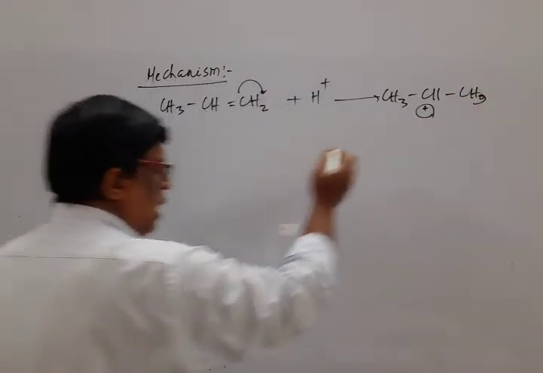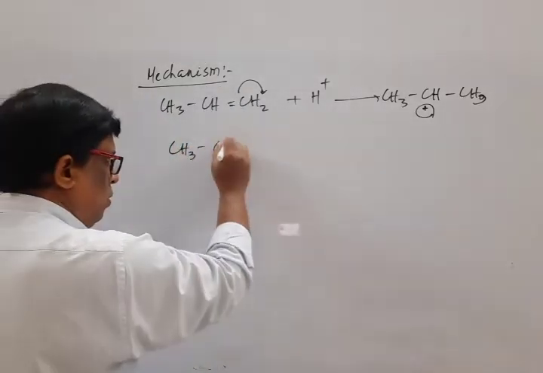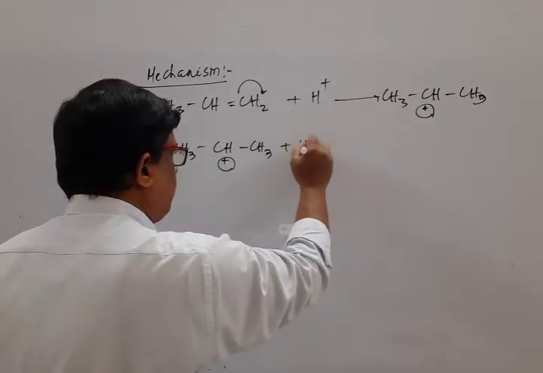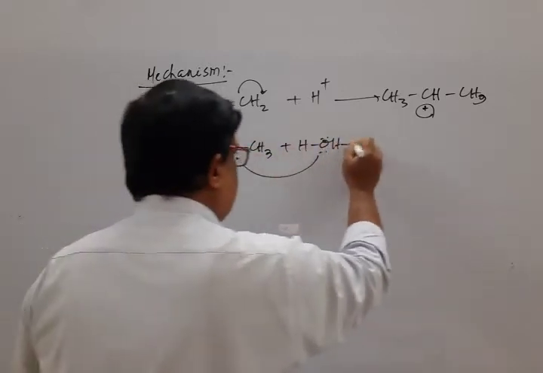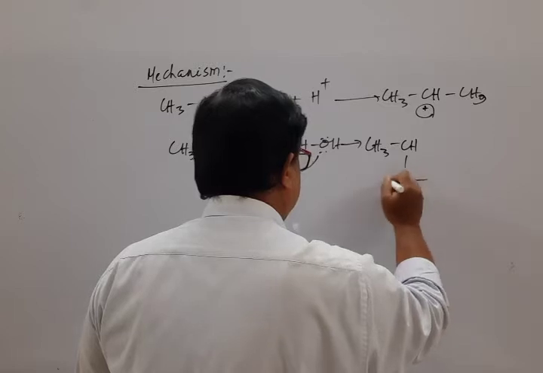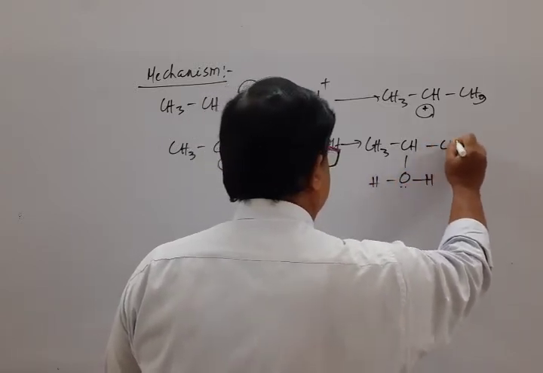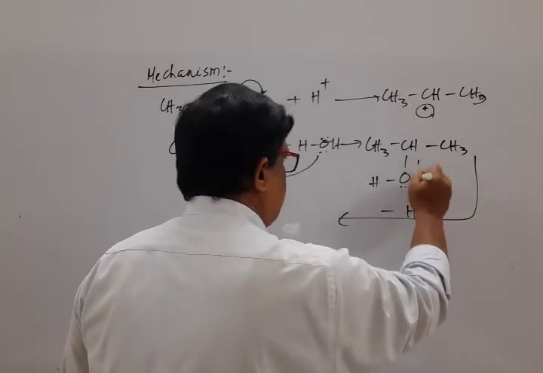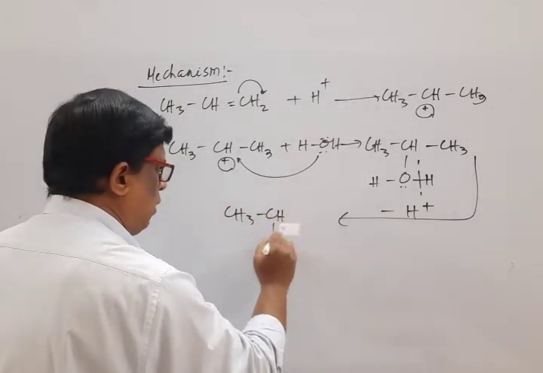Then this 2-degree carbocation combines with a molecule of water, then releases a proton, this bond breaks, resulting in the formation of monohydric alcohol.